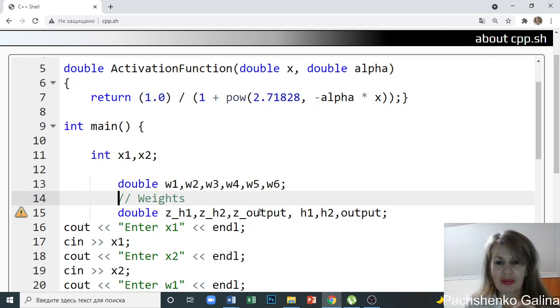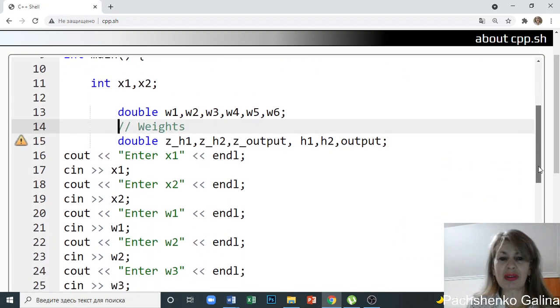And they are outputs: the output of neuron 1, the output of neuron 2, and the output of neuron 3, that is the output of the whole neural network.